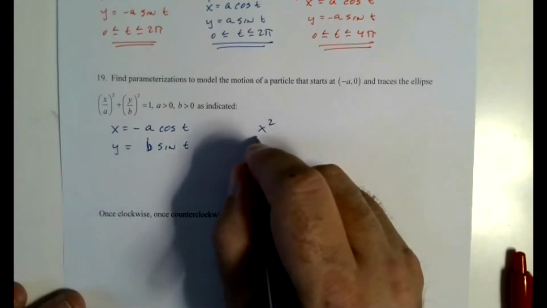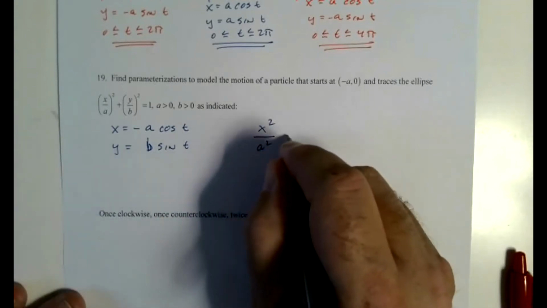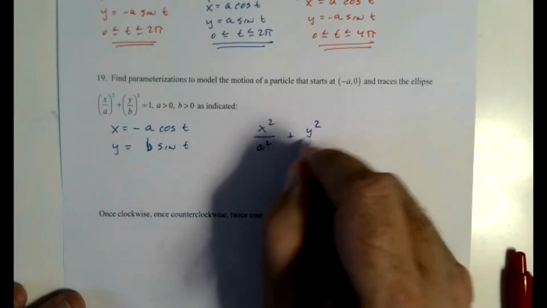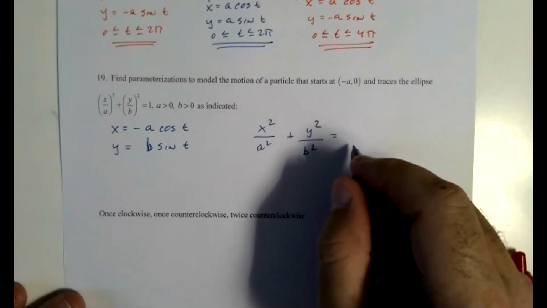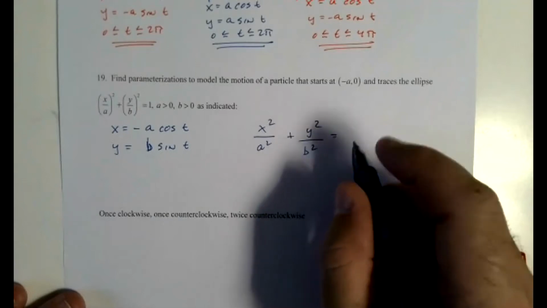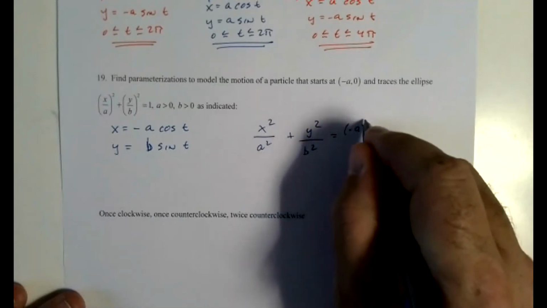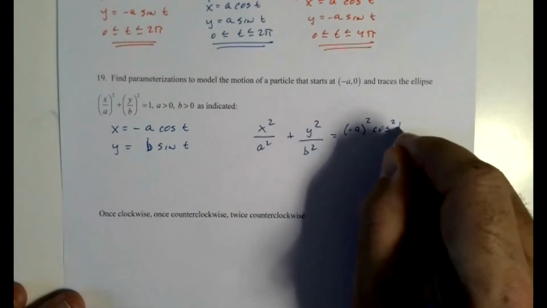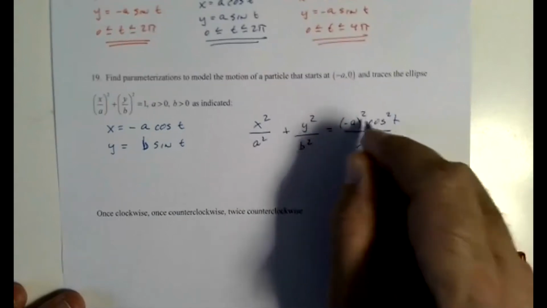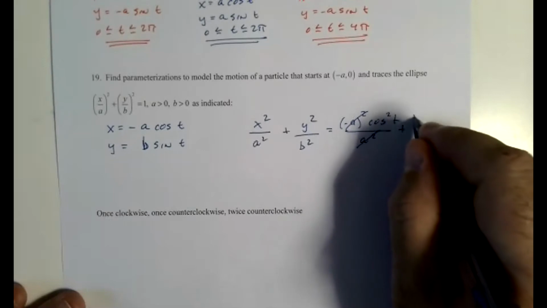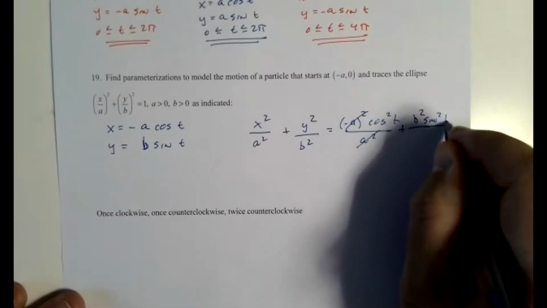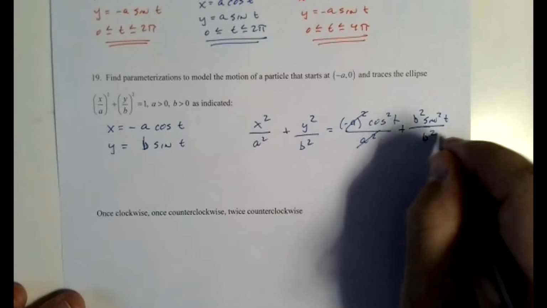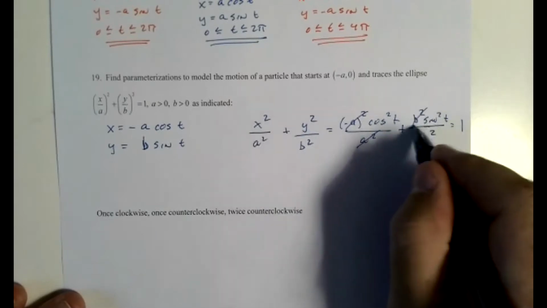x squared over a squared plus y squared over b squared equals, interesting, negative a squared cosine squared t over a squared, see ya, plus b squared sine squared t over b squared equals 1.